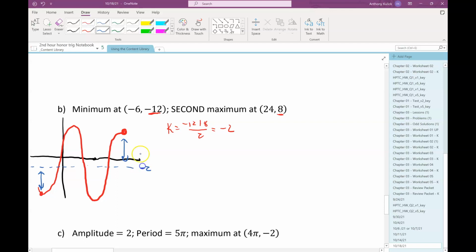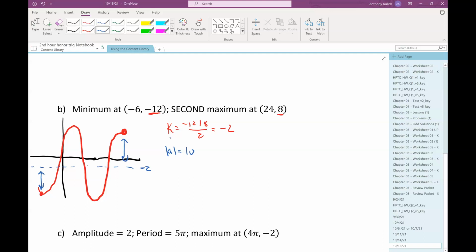And now to find the A, you can really just count, right? If you're going from -2 up to 8, or -2 down to -12, it's 10 units either way, right? Does that feel okay? Or you could subtract the two y coordinates and then divide by 2 with the absolute value around it, because again, distance is positive.